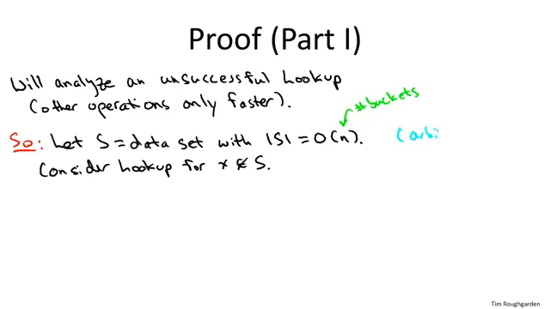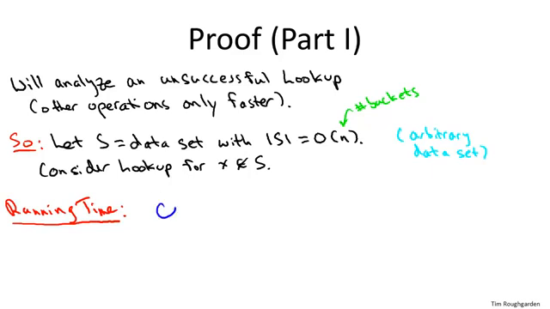So conceptually, doing a lookup in a hash table with chaining is a very simple thing. You just hash to the appropriate bucket, and then you scan through the linked list in that bucket. So conceptually, it's very easy to write down what the running time of this unsuccessful lookup is. It has two parts. The first thing you do is evaluate the hash function to figure out the right bucket.